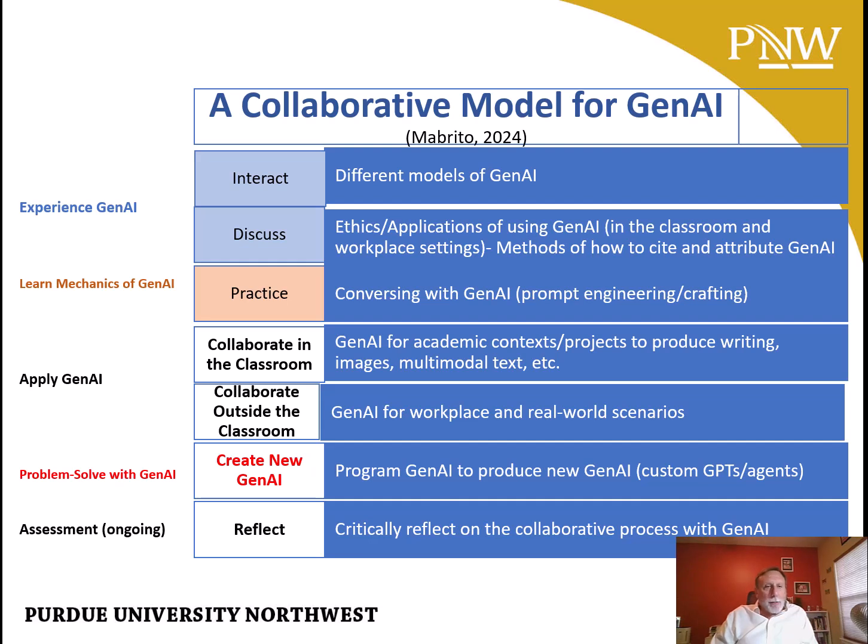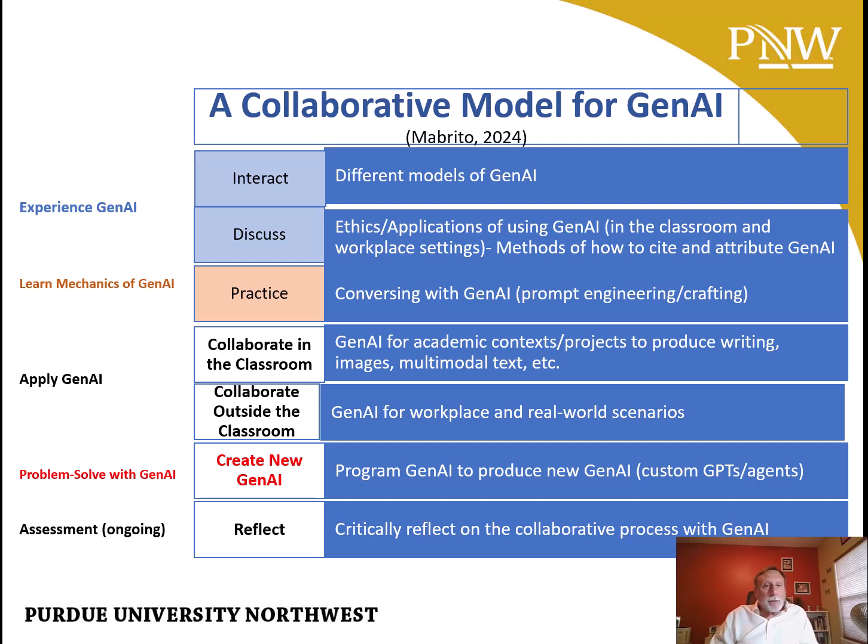So the first area is what I call experience generative AI. This starts with students just simply interacting with different models of generative AI. For example, if we're talking about text, this could be ChatGPT, Claude, Gemini, Copilot. Okay, those are all large language models. And then as they're doing that, sort of just dipping their toe in the water, if you will, this is an opportunity for discussion.